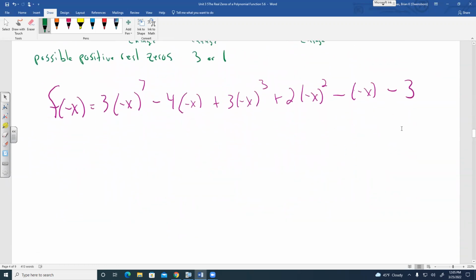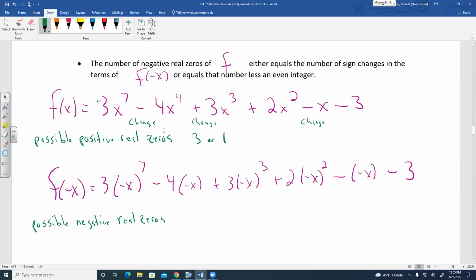Now, the possible negative real zeros. What we do is substitute negative x into our function. So wherever there was an x, I'm now replacing that x with a negative x.